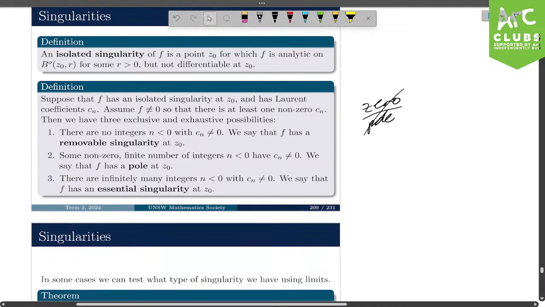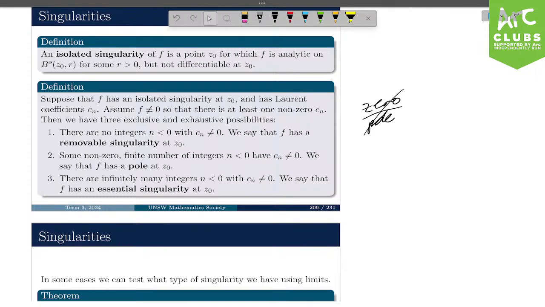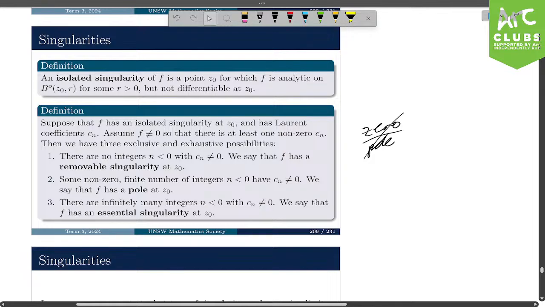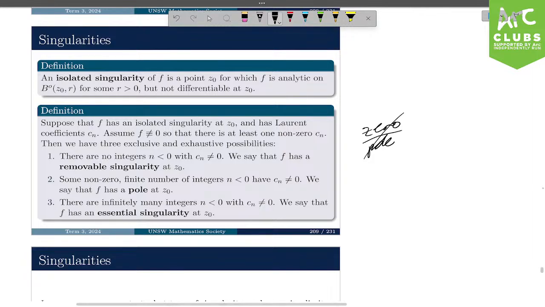For some non-zero finite number of integers, you say there is a pole at z0 if... sorry, my bad.